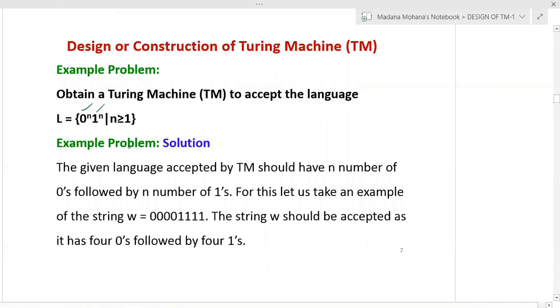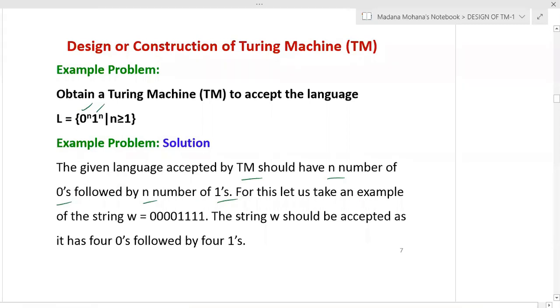So what is the nature of this language? The given language accepted by a Turing machine should have n number of zeros, followed by n number of ones. Whatever the value of n, both zeros and ones repeat that number of times. So first zeros followed by ones.